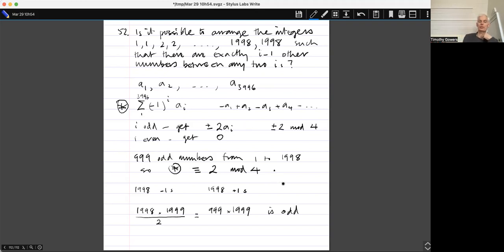We know that the sum is even. That's not interesting. So what is it mod 4? So 1000 is 1 mod 4, so that's 3 mod 4, and that's another 3 mod 4, and 3 3s mod 4, so that's congruent to 1 mod 4.